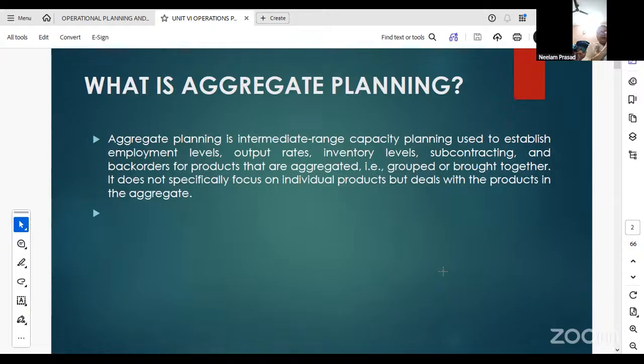For this particular period, like for a household, you buy things for a month, maybe for a company it can be for 18 days, it can be for 1 month, it can be more, but it is for a short period, not for a longer period. That is grouped or brought together. It does not specifically focus on individual products, but deals with the products in the aggregate.